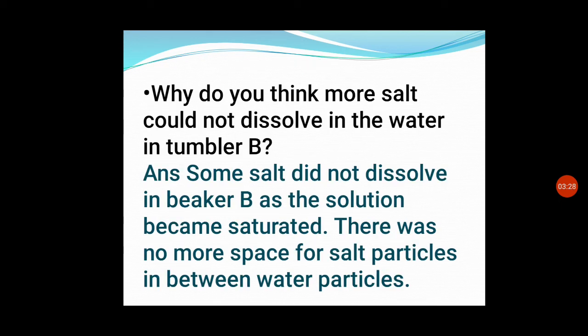Why do you think more salt could not dissolve in the water in tumbler B? Some salt did not dissolve in the tumbler as the solution became saturated. There was no more space for salt particles in between water particles.